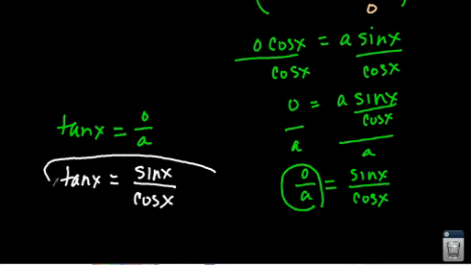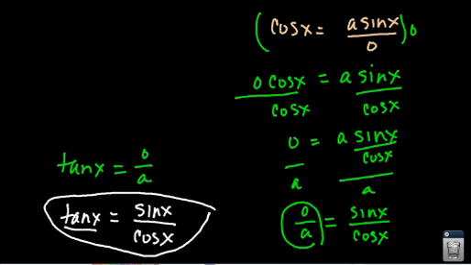This is a very, very important trigonometric identity. This is how we calculate tangent. We take the sine of some angle and divide it by the cosine of that angle. Instead of using opposite over adjacent, this is what it means mathematically.